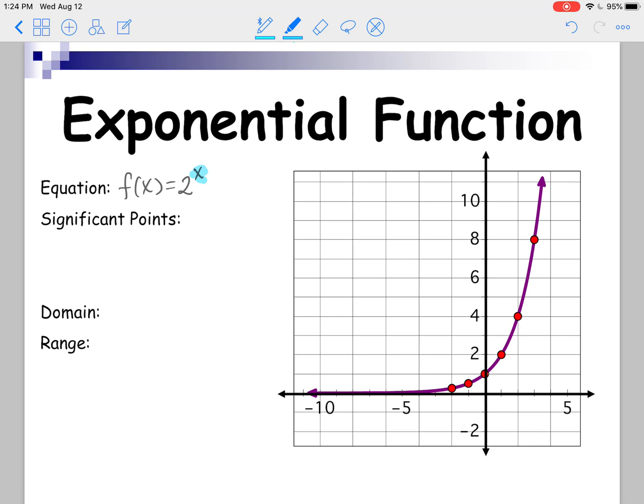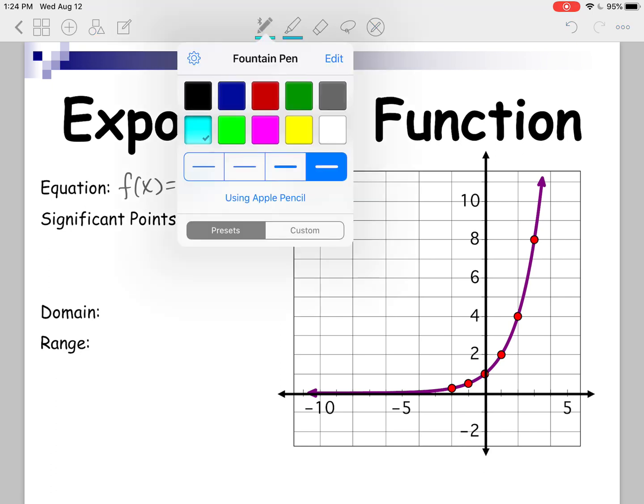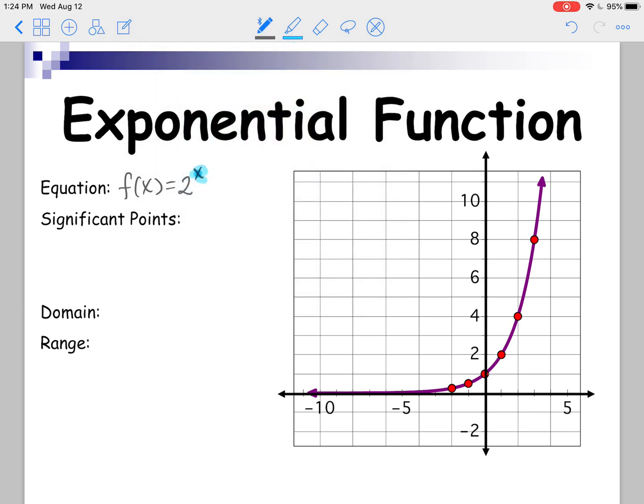And so as we plug in values for x, we have to plug it in for the exponent. And so we're going to plug in 0. We're going to plug in 1. We're going to plug in 2. And we're going to plug in 3.